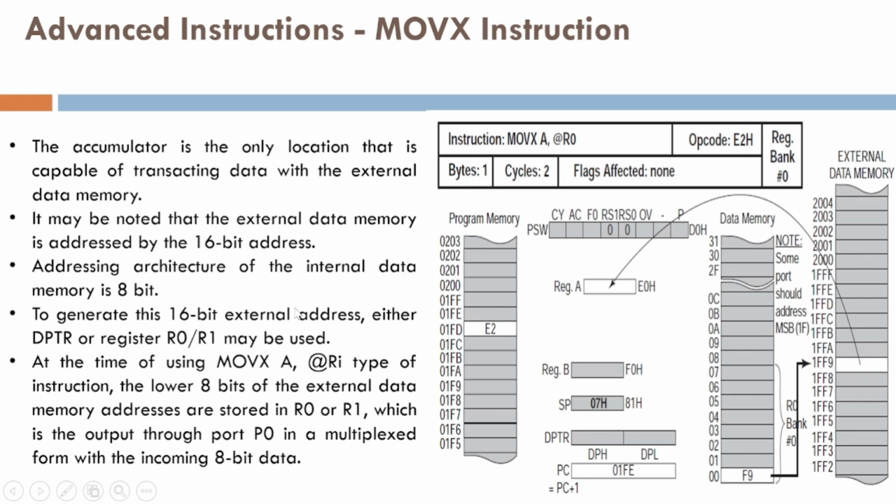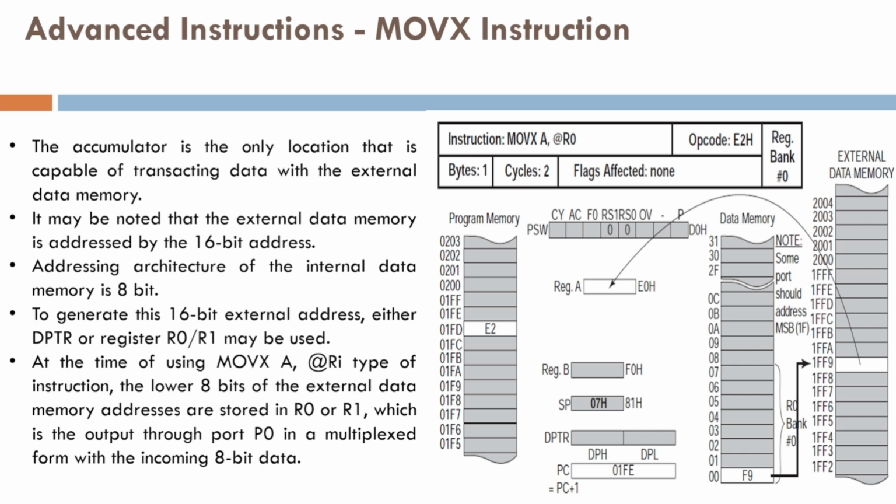Remember, port 0 can be used as the address/data bus, where it acts as the lower order address bus, and port 2 can be used as the higher order address bus.